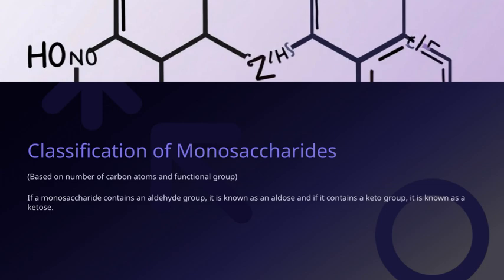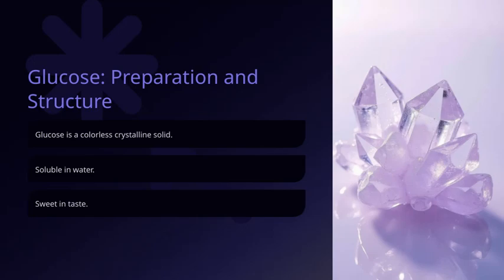Understanding whether a sugar is an aldose or a ketose helps us predict how it will interact in biological systems. This classification is fundamental as we explore the diversity of sugars and their roles in life processes. So remember, it's all about that functional group and the number of carbons, which together define the type of monosaccharide we're dealing with.